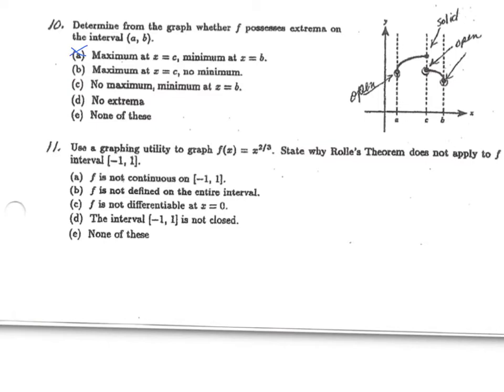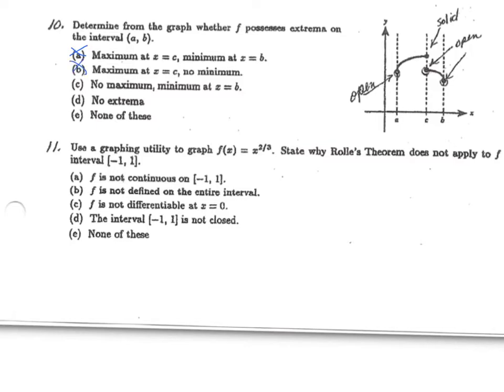For choice B, it's claiming that we have a maximum at x equals C and we have no minimum value. This looks tempting as a possible answer. However, in order to have extrema, our graph has to be continuous at that point, and it's not.